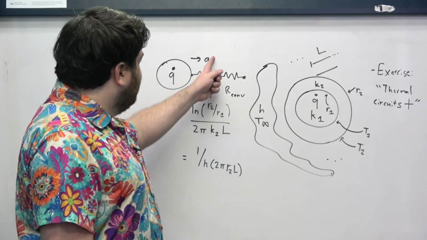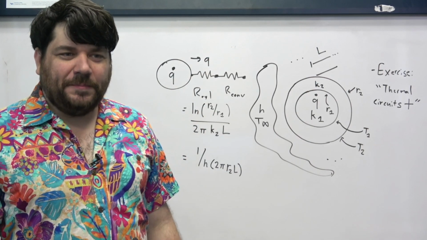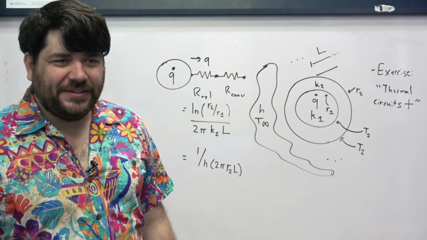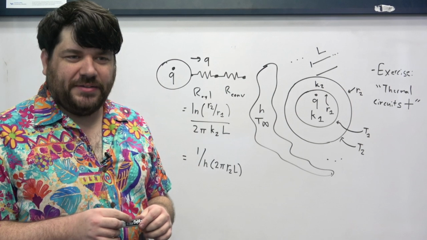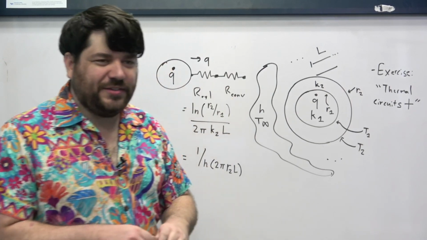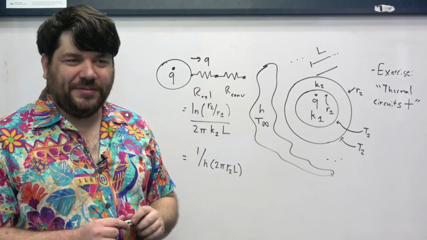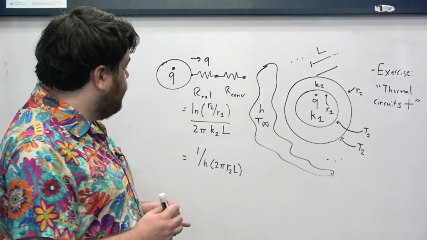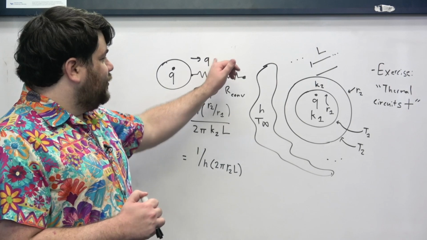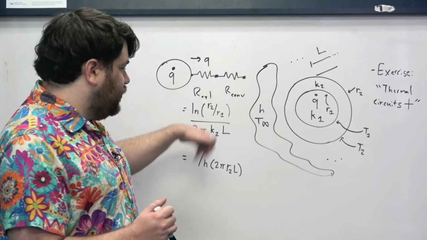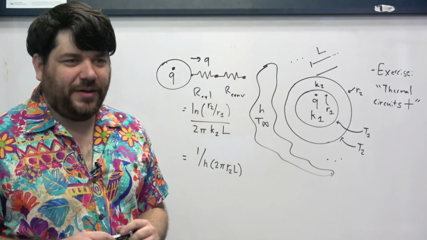How do we find the Q? Are they related, right? Because I am able to figure out everything that I want about the thermal circuit part of this system if I can find what this Q is.